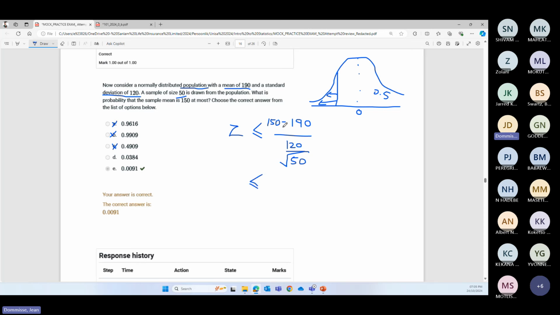So let's work it out. 150 minus 190 is minus 40. Then below the line, 120 divided by the square root of 50, which is 16.9706.